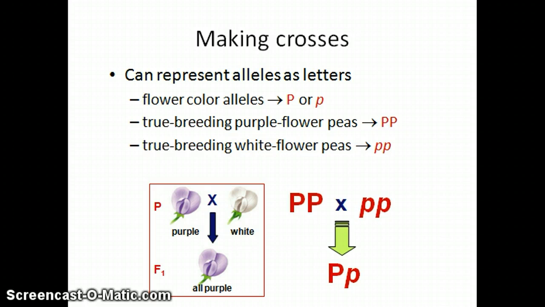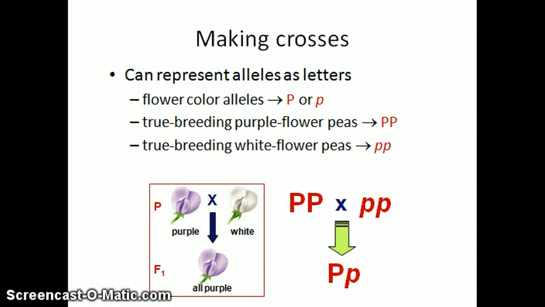What Mendel was doing was making crosses, and you need to practice and make sure that you can do some simple and maybe even some more complex crosses. Remember that alleles can be represented as letters, and we typically use a capital letter for the dominant trait and a lowercase letter for the recessive trait.